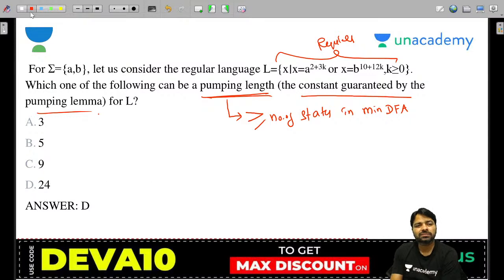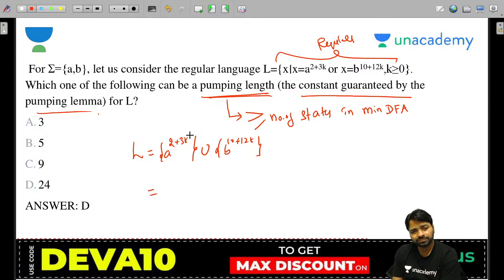L is equal to the set of x, where x is either a power 2 plus 3k, union b power 10 plus 12k. I can write it like this: a squared, dot, triple a whole star, union b power 10, dot b power 12 whole star.